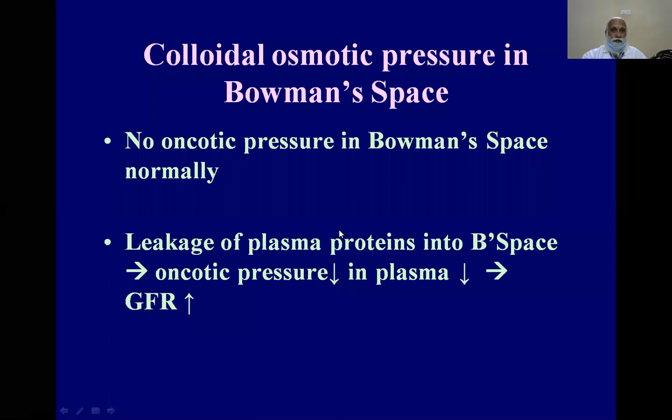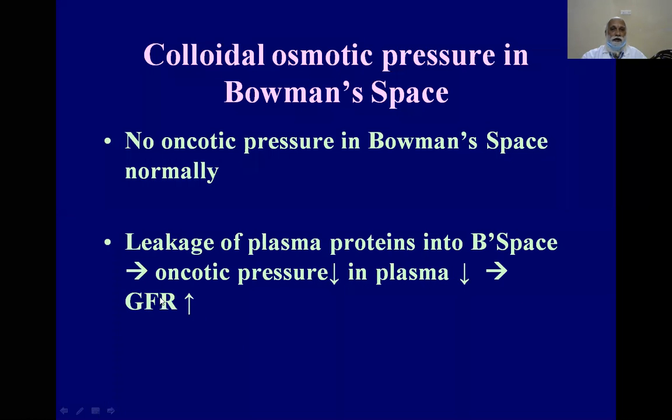But if some plasma protein is leaking into the Bowman's capsular space, then the oncotic pressure in the capillaries changes. That means the capillaries will lose the water or the fluid.